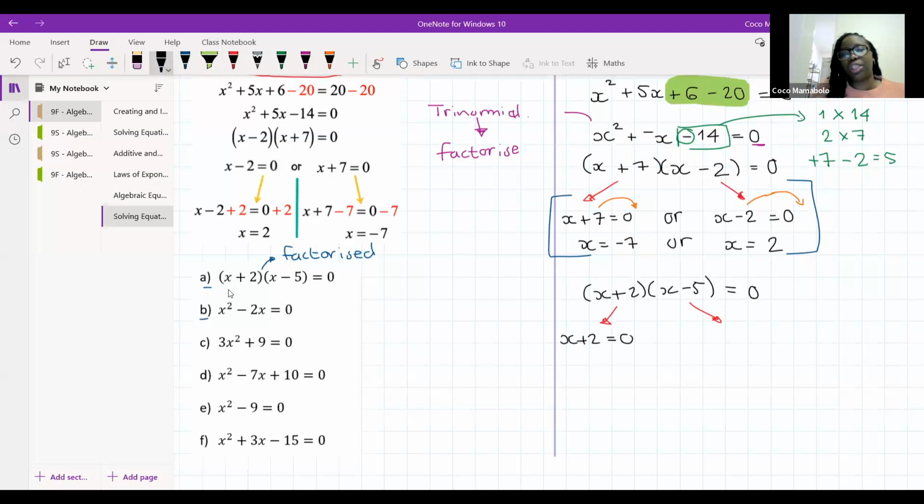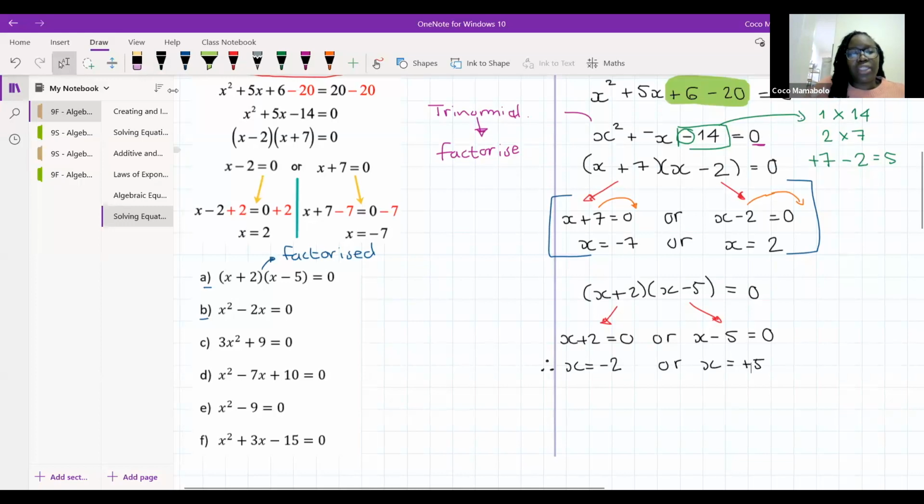Good, x plus 2 is equal to 0. And then? Or x minus 5 equals 0. Beautiful, that's it. Then my next step is x equals negative 2 or x equals 5. Excellent. Well done, you're a whole rock star, my dude.